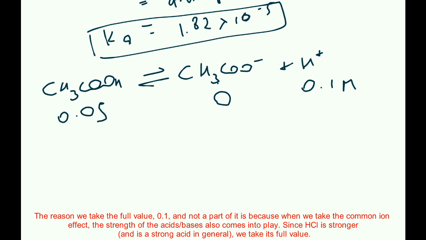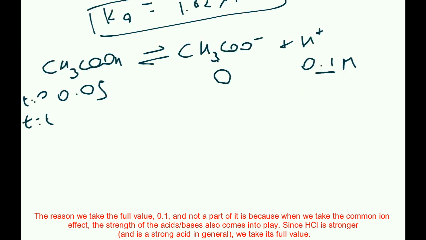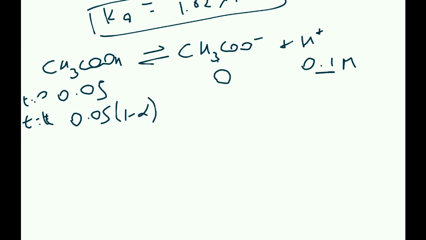Alright, now let's write it, t is equal to 0. At time t is equal to t, this is going to be 0.05 into 1 minus alpha. Now I'm going for the alpha way of this formula because we need to find alpha, the degree of dissociation, right? This is going to be 0.05 into alpha, and this is going to be 0.1 plus 0.05 alpha. Alright, so you're going to add whatever you get over here. If I had, say, y over here instead of 0, it would be 0.05 alpha plus y. Okay, so this is a number, you're going to add these two.